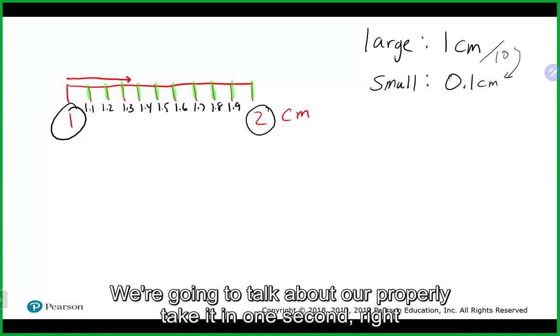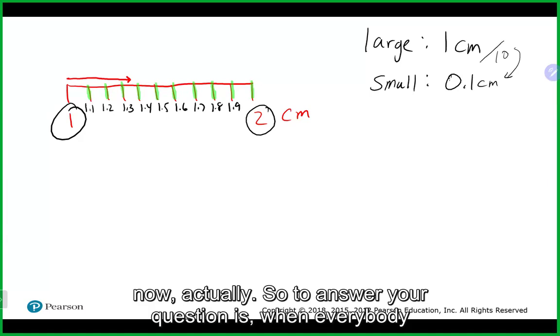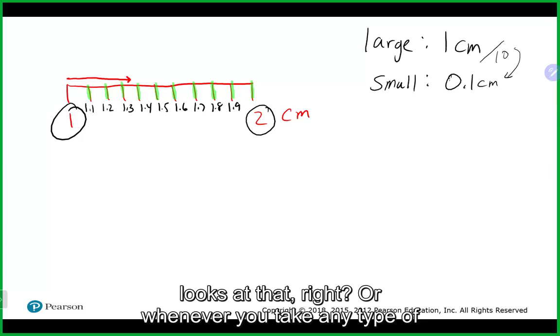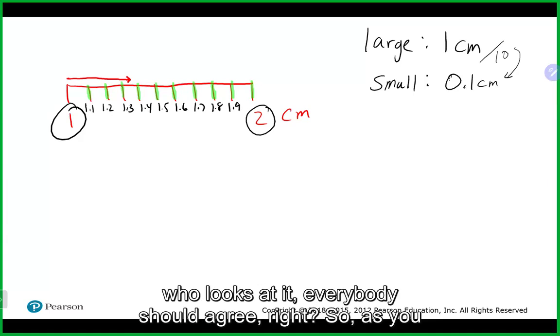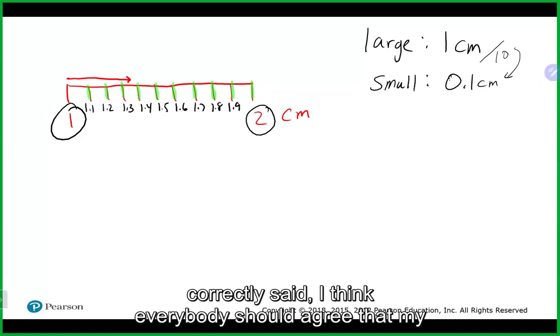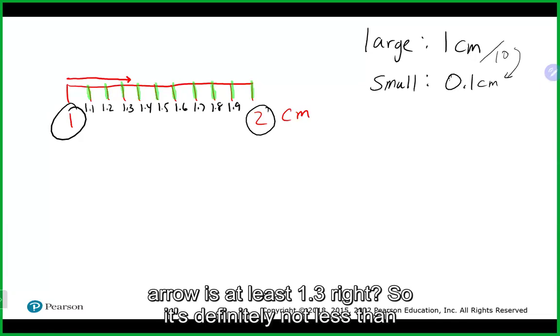We're going to talk about how to properly take it in 1 second right now, actually. So to answer your question, when everybody looks at that, or whenever you take any type of measurement, there should always be some numbers that no matter who looks at it, everybody should agree, right? So as you correctly said, I think, everybody should agree that my arrow is at least 1.3, right? So it's definitely not less than 1.3.